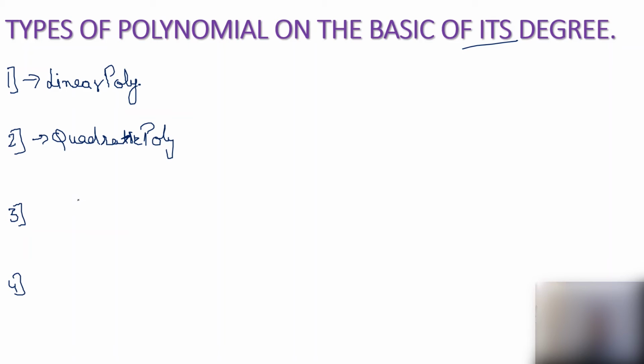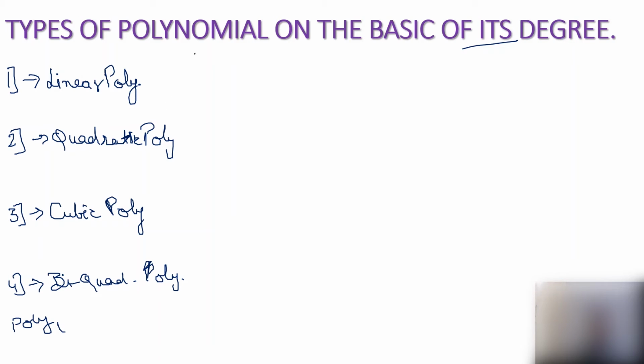The polynomials whose degree is 3 are known by the name cubic polynomial, and the polynomials whose degree is 4 are known by the name biquadratic polynomials, and the rest are simple polynomials.